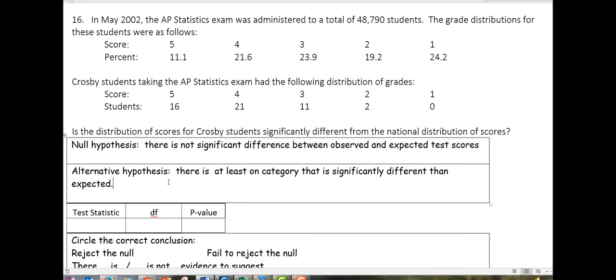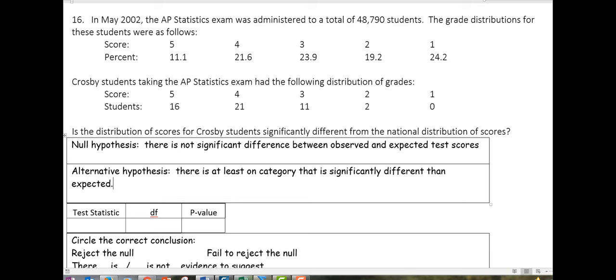And that's just standard verbiage for all goodness of fit tests, is that our null is that we don't really expect anything different between observed and expected, and for the alternative, we just save face and say at least one category is different, maybe more than one.